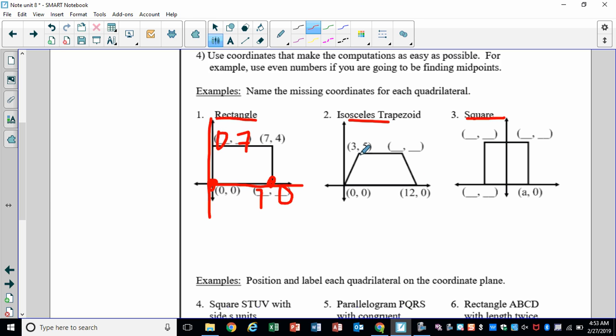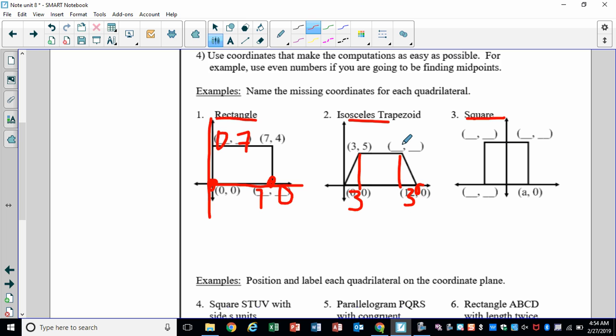Trapezoid, when it comes to isosceles, it's a little bit tricky because you want to kind of create your rectangle inside it so that you know. So this measurement is pushed 3 units. That makes this also 3 units. Okay? So what is the coordinate of this number? The coordinate of this number is 12 and 0.